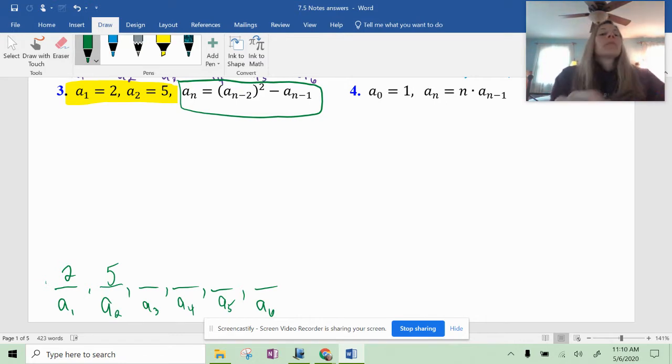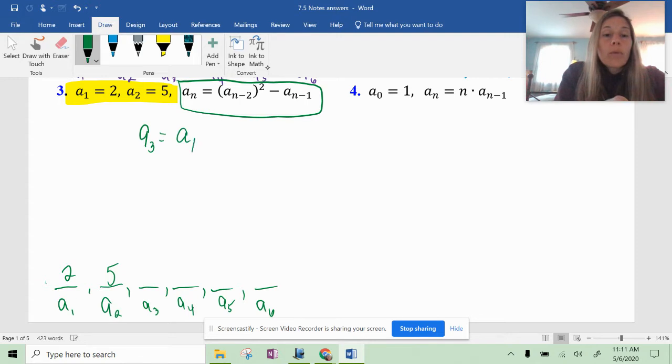Okay. So to find my a sub 3, since that's the next one I need to find, notice the formula here, the recursive rule. It says a sub n minus 2, squared, minus a sub n minus 1. If my n is 3, because I'm finding the 3rd term, 3 minus 2 gives me a sub 1, and that's going to be squared. And then it says minus a sub n minus 1.